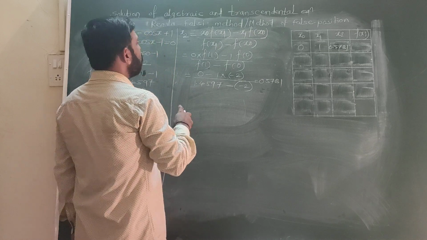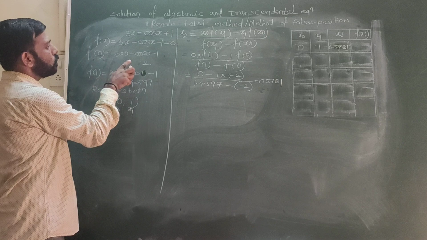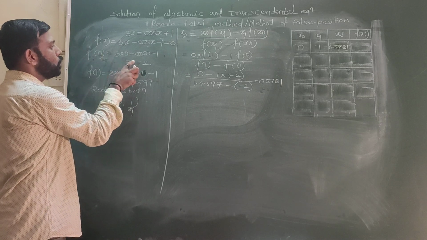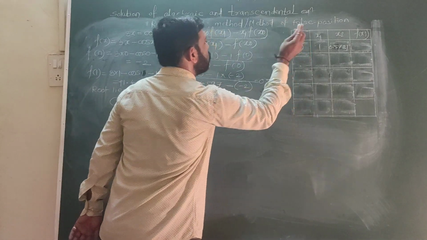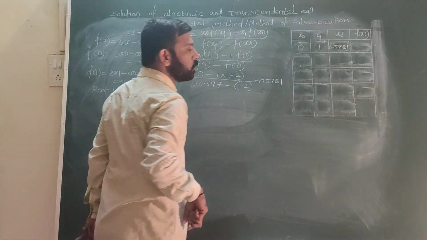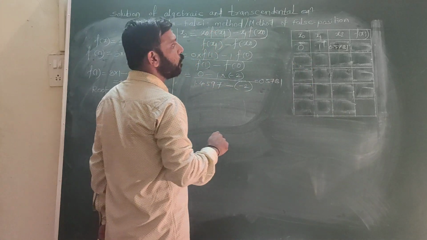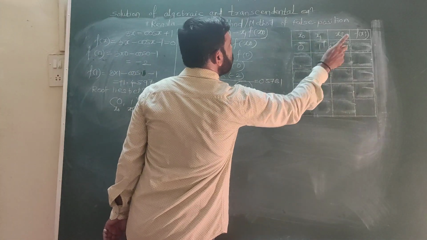Now the technique we are using here: for f(0) we got negative, so for 0 substitute symbol minus, and for 1 the symbol is positive. To define the next interval we require the sign for this value.